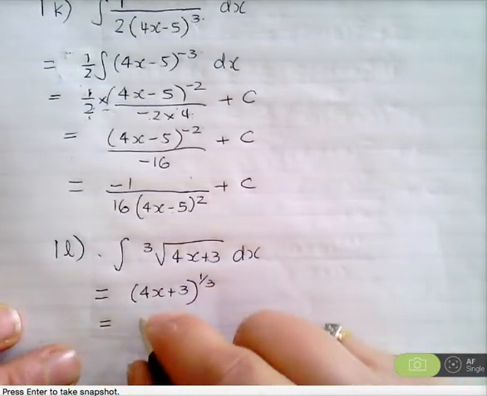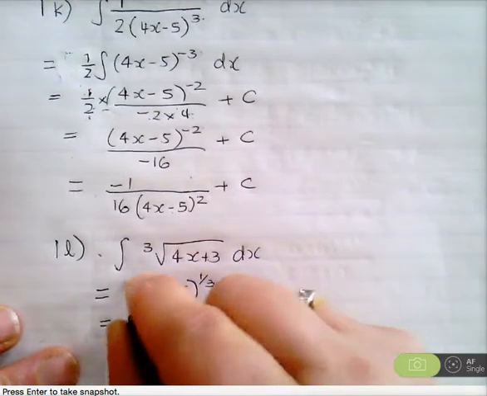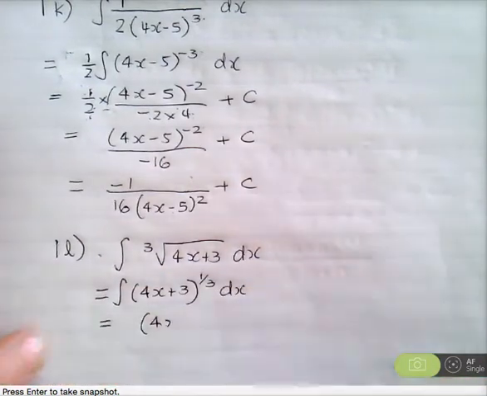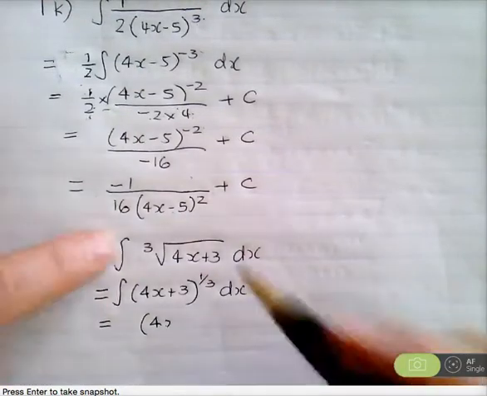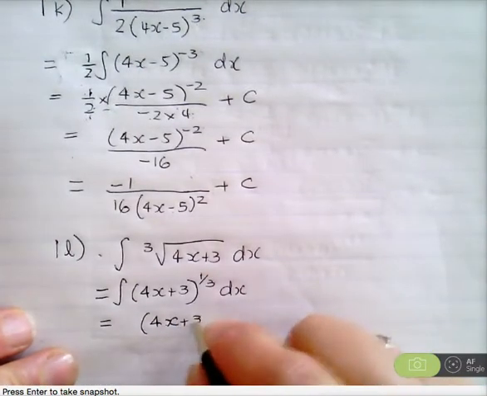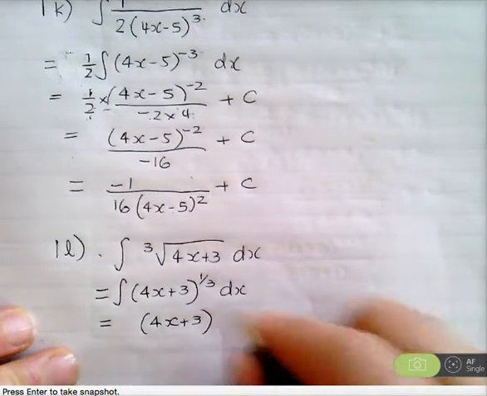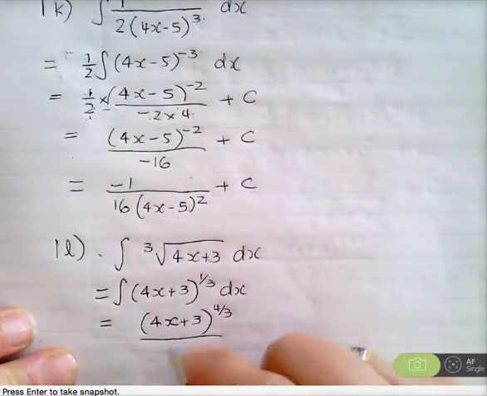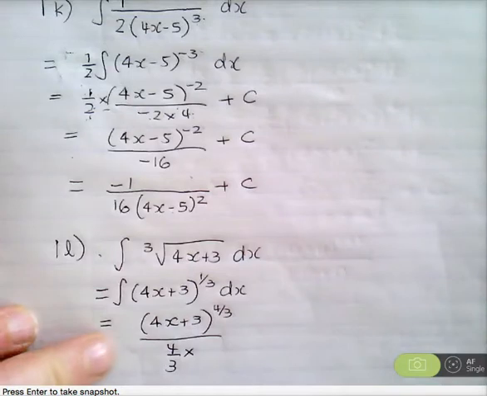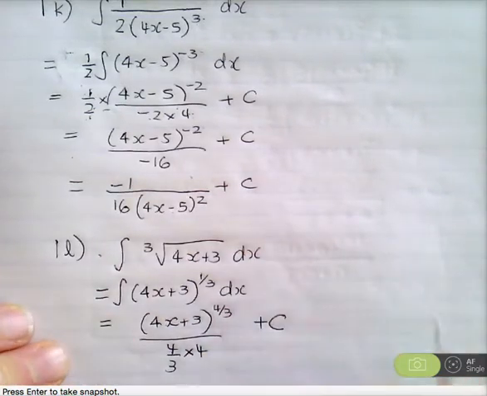What's the rule? And keep the integral sign there until you integrate. So now what do I get? 4x plus 3 to the 4 over 3, over 4 over 3 times 4, plus c.